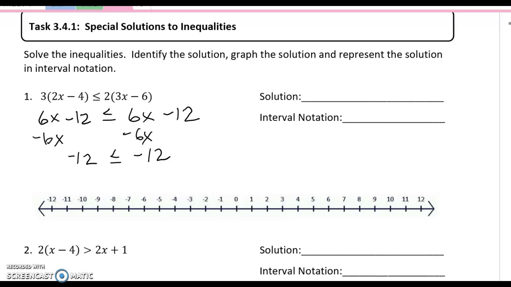Now if we're looking at the symbol in between, negative 12 is not less than negative 12. But we do have in this particular inequality the or equal to option. So therefore, negative 12 less than or equal to negative 12 is a true statement. So what does that mean in terms of our solution for this inequality?